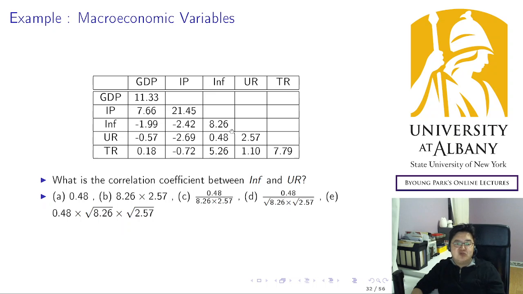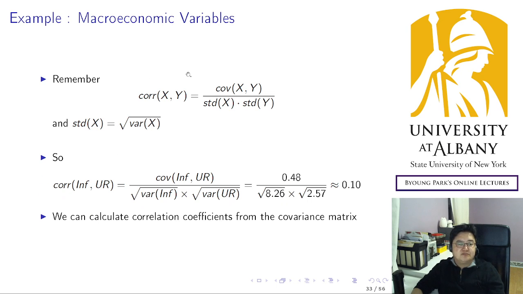So 8.26 is the variance for inflation, and 2.57 is the variance for unemployment rate. If you take the square root of them, they are standard deviations. So using this, you can see the correlation coefficient is 0.1, right? Still positive. Of course, the sign does not change.